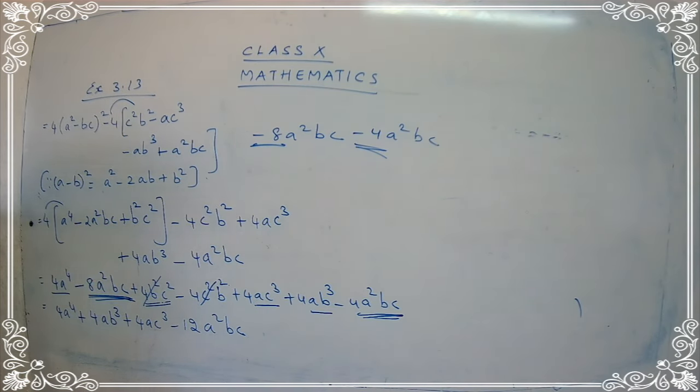Delta is equal to 0. Yes children? So write down here, therefore 4a raised to 4 plus 4ab cube plus 4ac cube minus 12a square bc is equal to 0. I hope you are clear.